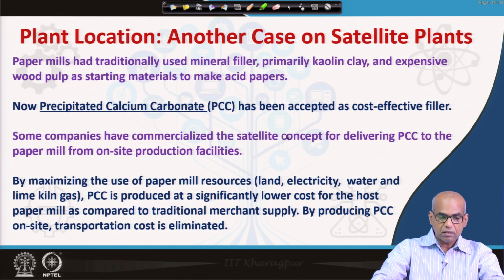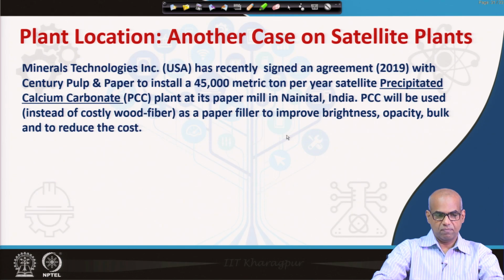By producing precipitated calcium carbonate on site, transportation cost for PCC will be eliminated. So, the host paper mill will let use resources for the PCC producing company, and in return both will be benefited.